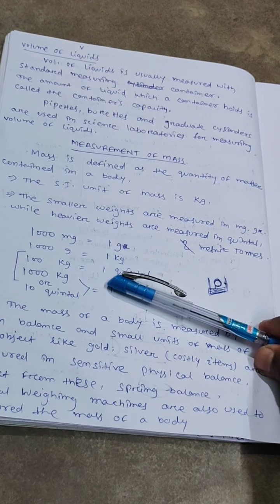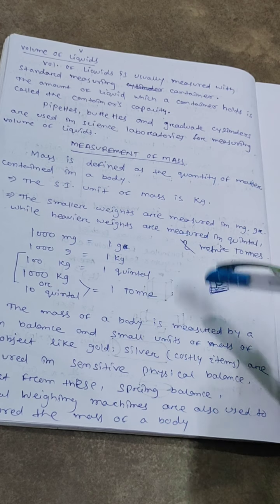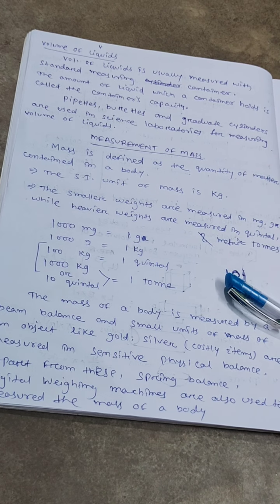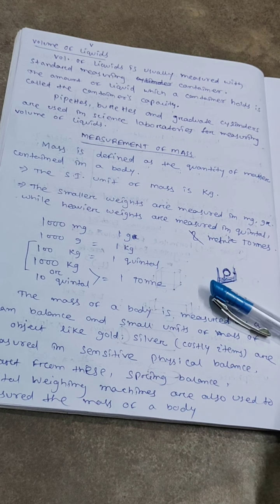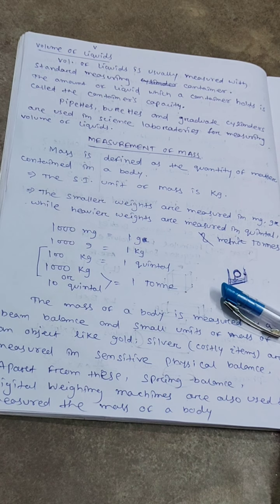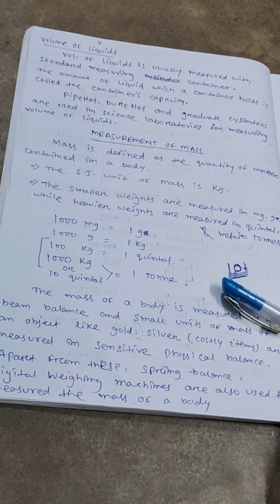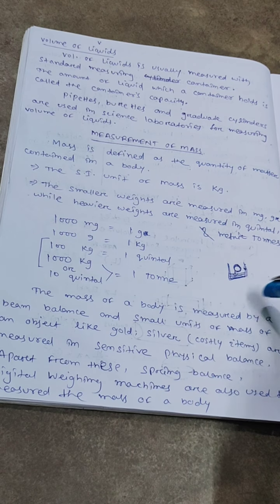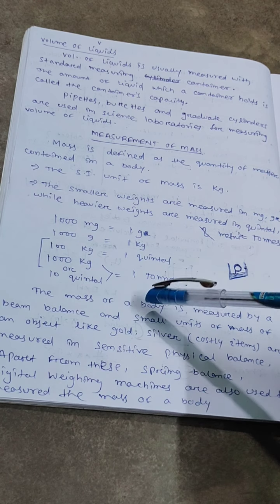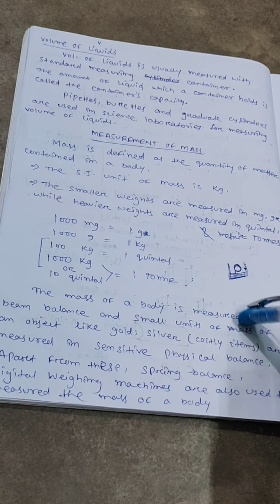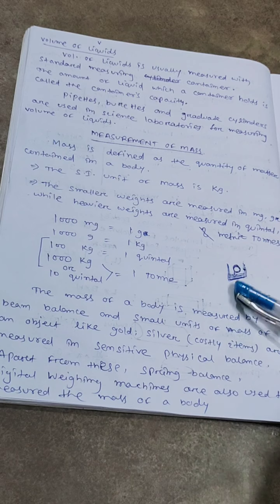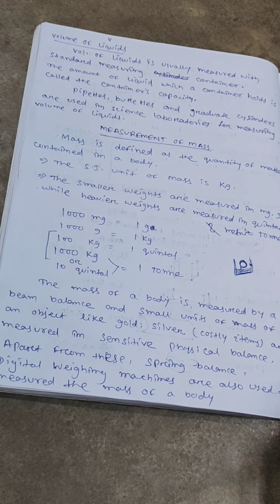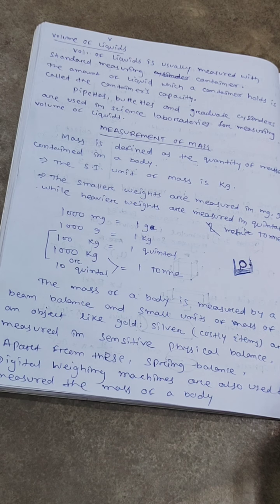Next, the mass of a body is measured by devices like the beam balance and physical balance. The mass of a body is measured by a beam balance, and small units of mass of an object like gold, silver, costly items, can be measured in a sensitive physical balance.